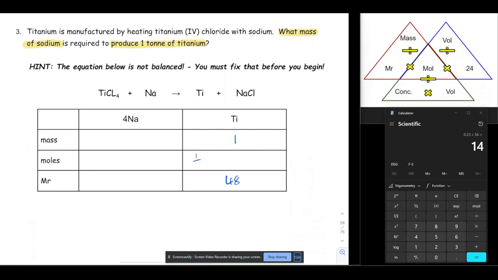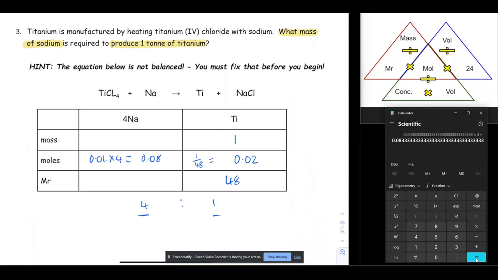So 1 divided by 48 gives us 0.02 moles. Now I have a 4-to-1 ratio. So I have 4 times as much sodium as I do titanium. So I must take my 0.02 and I must times it by 4. That gives me 0.08. So I'll say 0.02 times by 4 gives me 0.08.